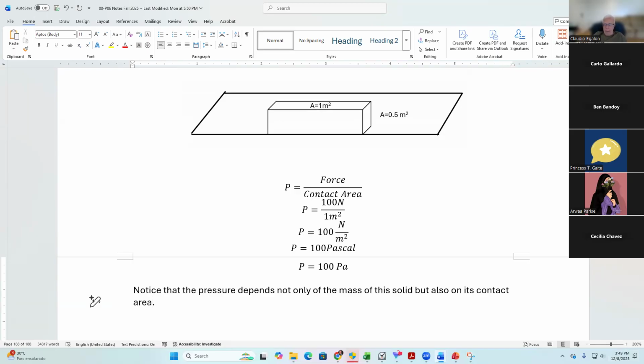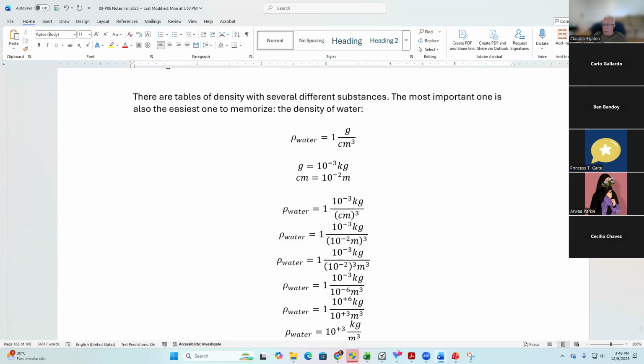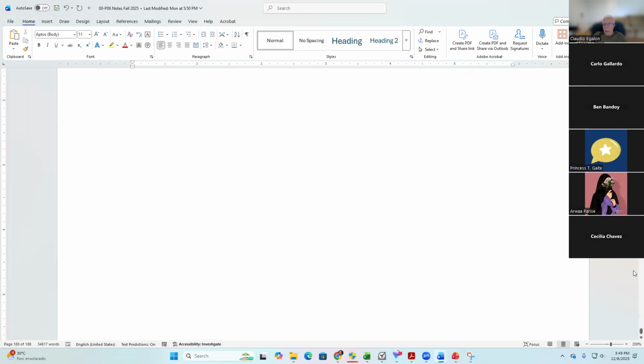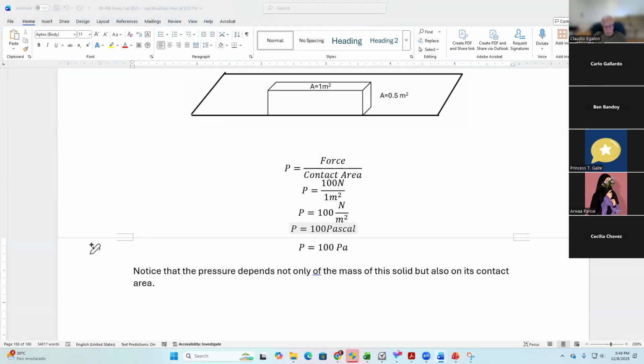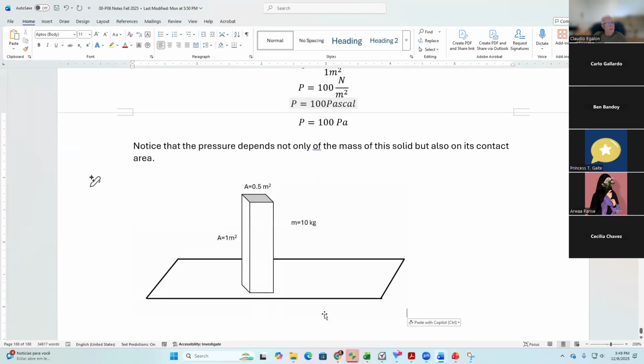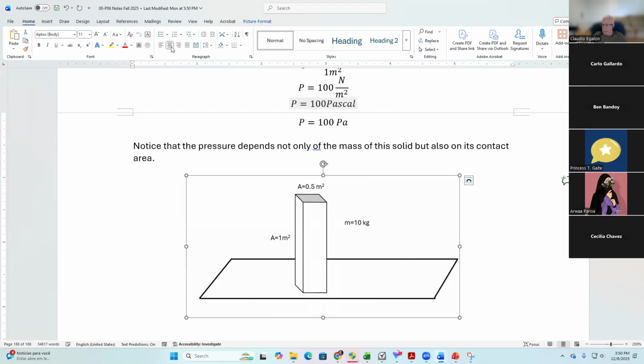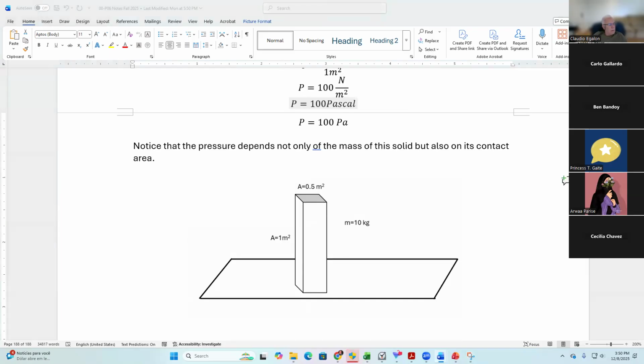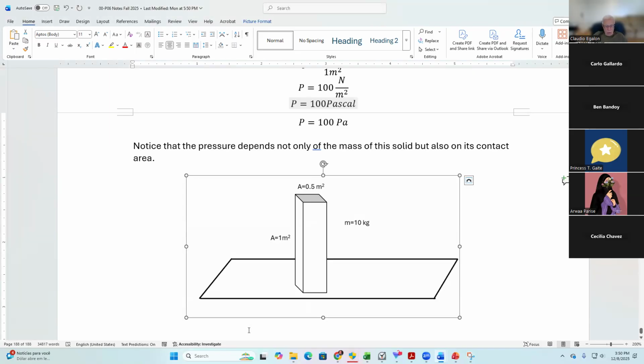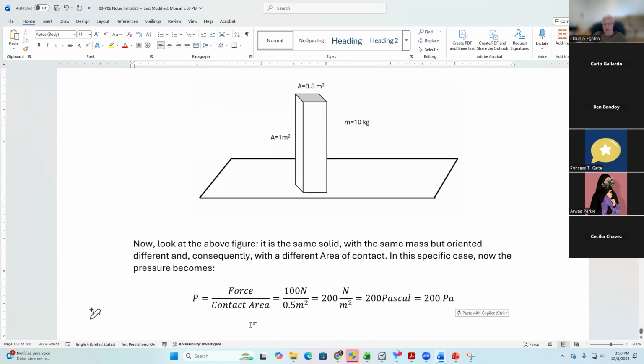So again, if I orient my block like that, now the contact area decreased by half. Consequently, the pressure increased by twice. Okay? So that's the idea of pressure.